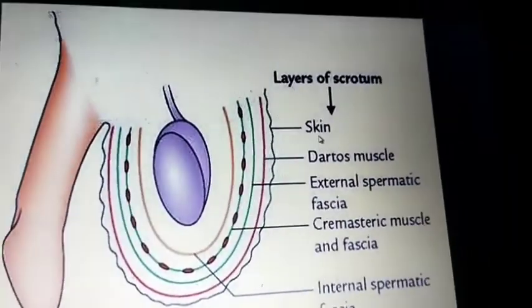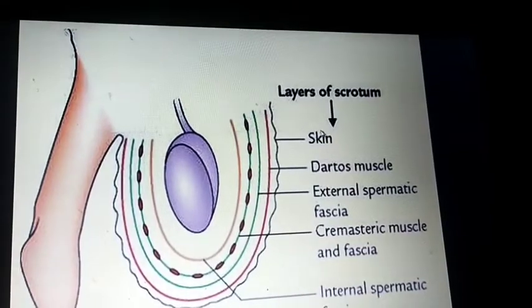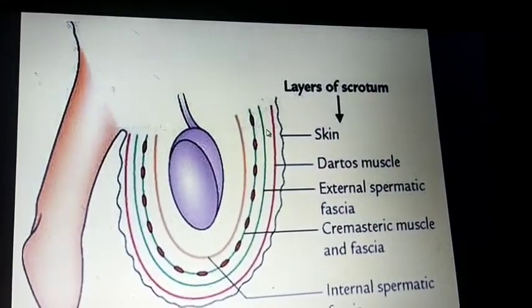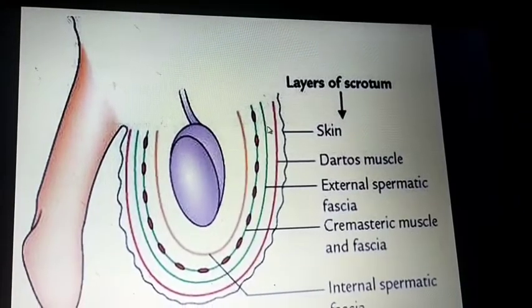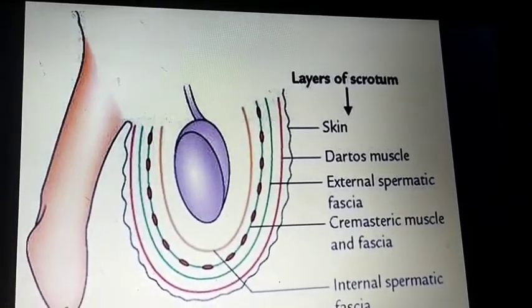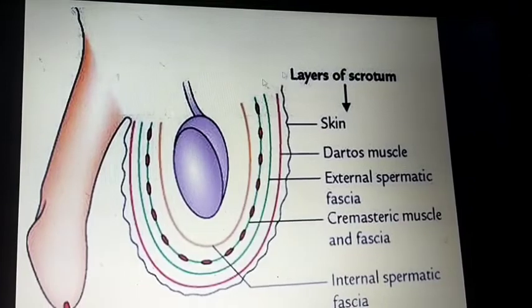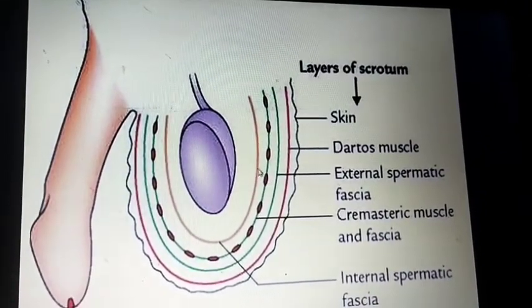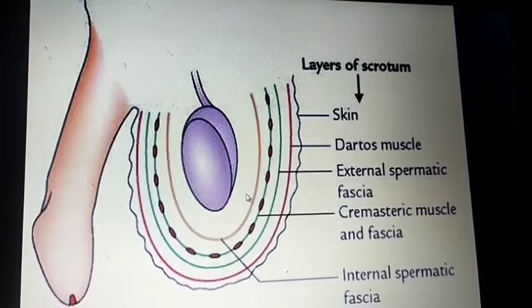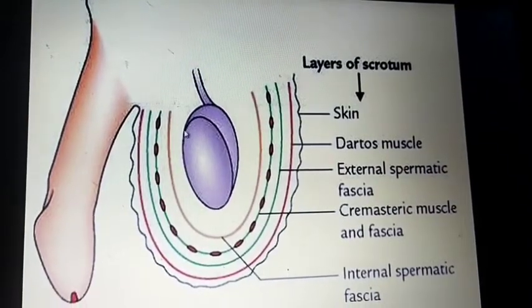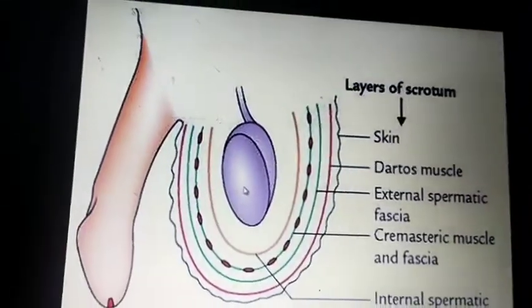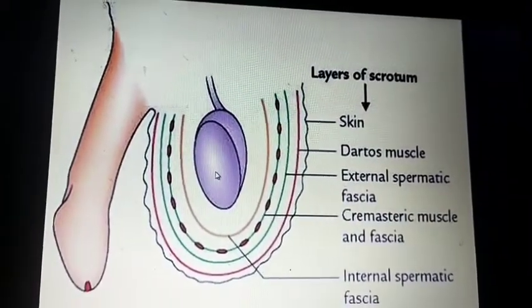S for skin, dartos muscle, external spermatic fascia, cremaster muscle and fascia. This is the cremaster muscle and this is the internal spermatic fascia, and here we get the tunica vaginalis. Okay, these are the layers of a scrotum.